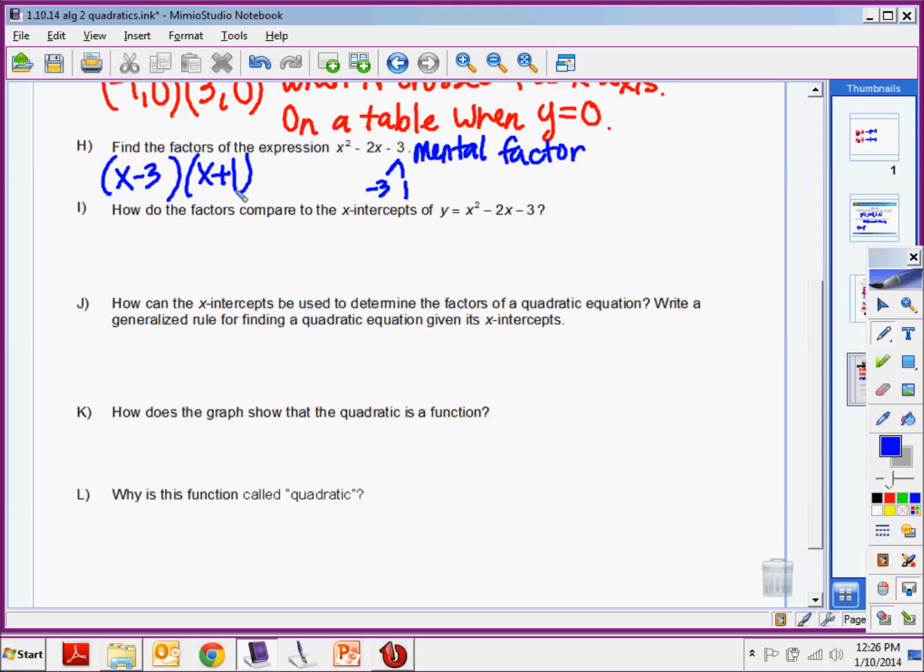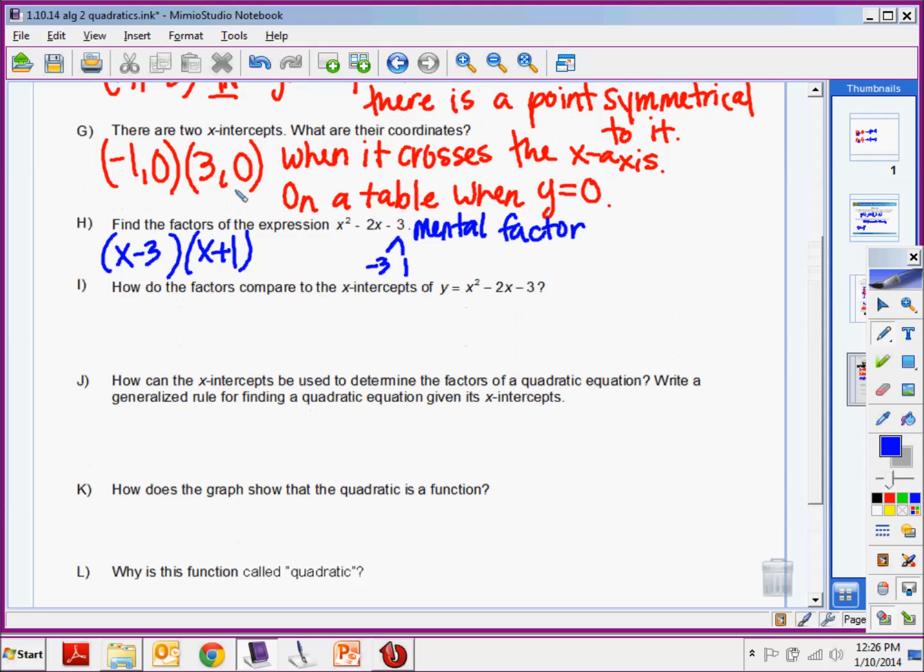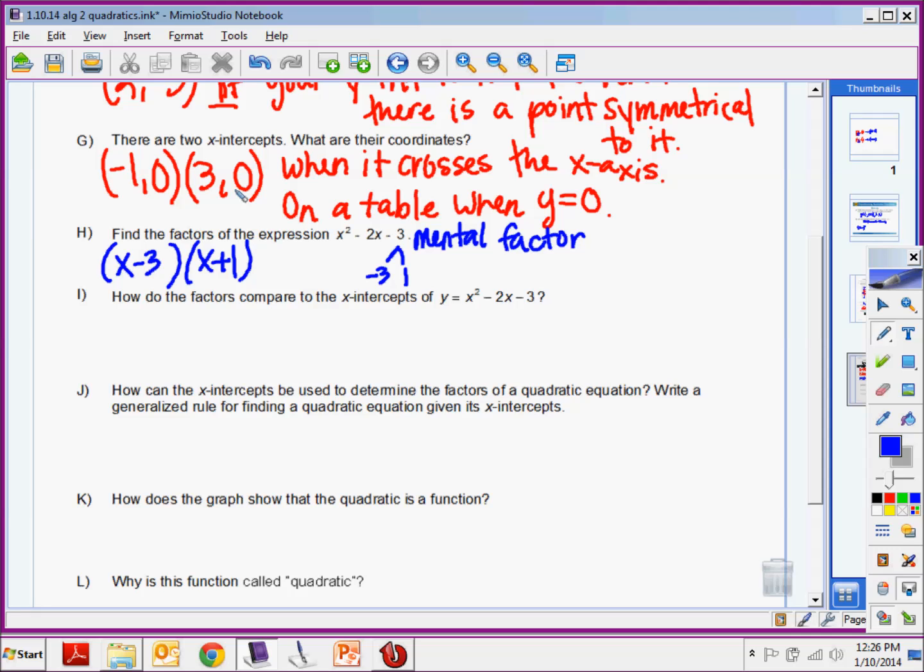Alright, so what do you notice about these factors and my x-intercepts? Besides the color, the x's are not the same. They're opposites. The reason why is because if you have the function, in order to find your x-intercepts, all you do is take the function and set it equal to 0.